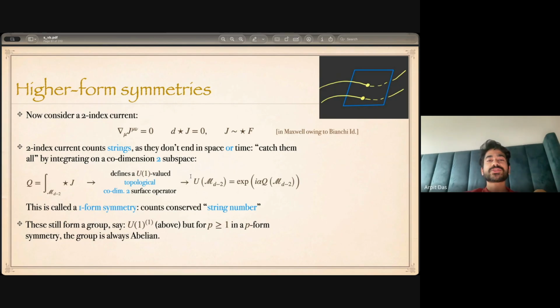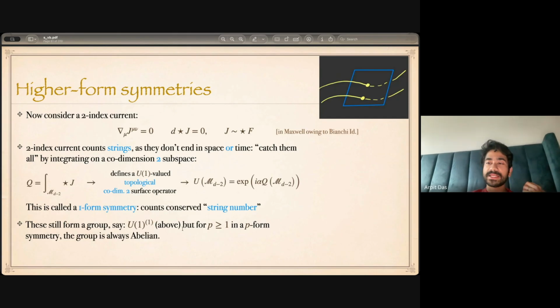So these things that we are counting are essentially magnetic field lines. The symmetry associated to the conservation of magnetic flux, or the count of magnetic field lines, is this one-form symmetry in U(1), the U(1) electrodynamic free Maxwell theory that we discussed. So this superscript 1 is essentially saying that we have a one-form symmetry.